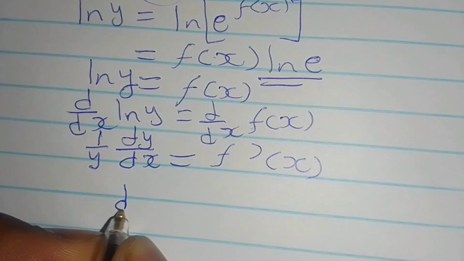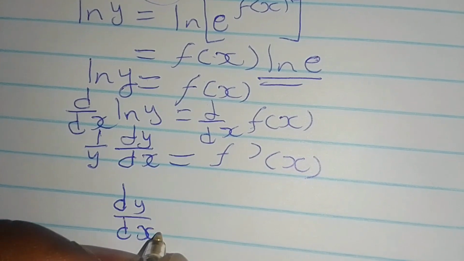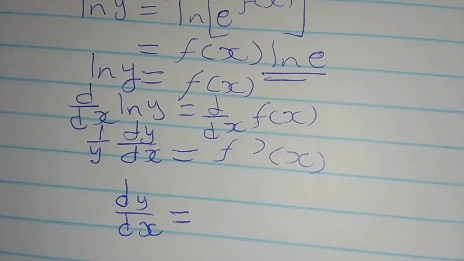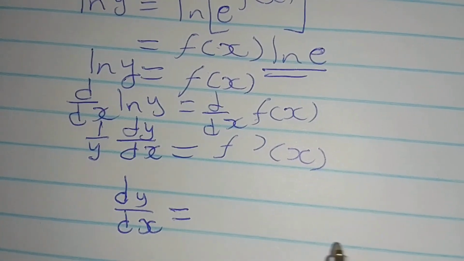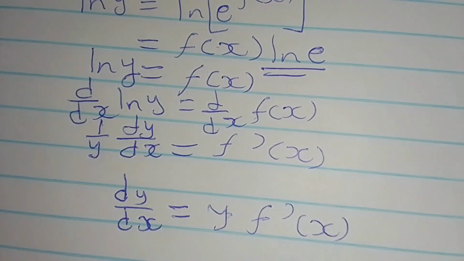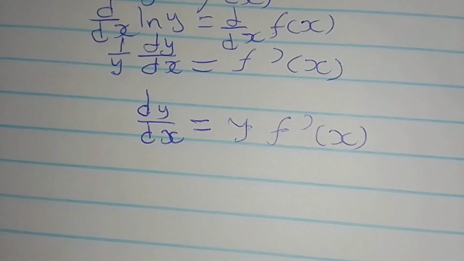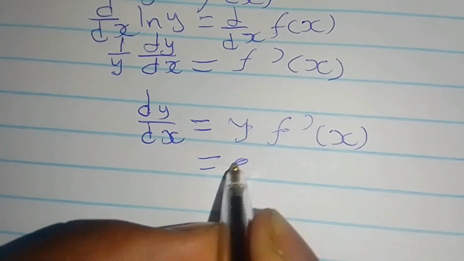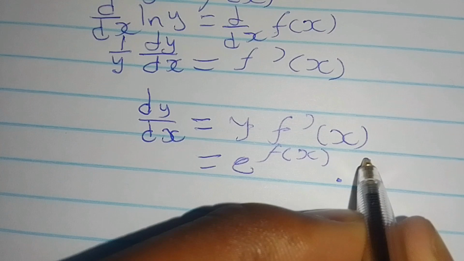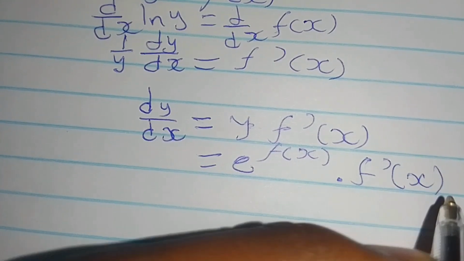Then that means that dy over dx, if I multiply both sides by y, is y multiplied by f prime of x. But what's y? y is e to the power f of x. So I take it there, times f prime of x.